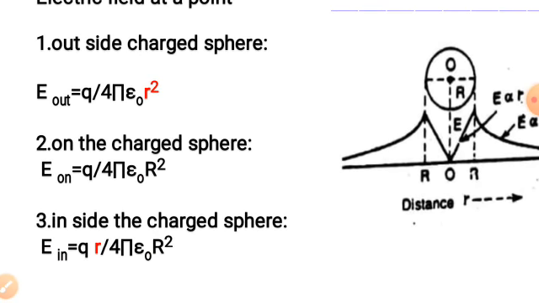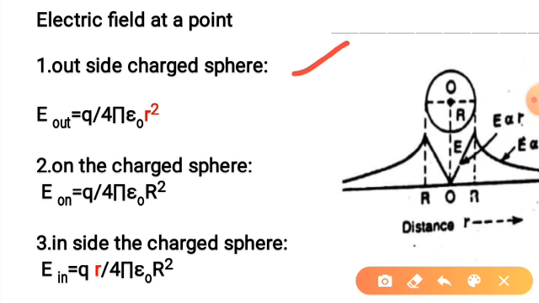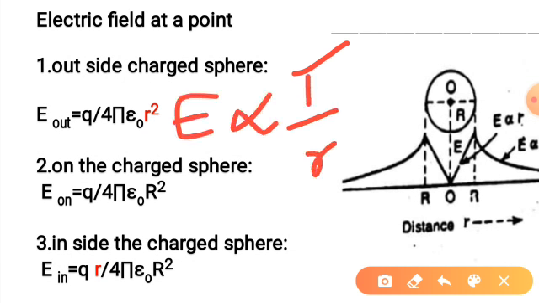We understand well that the electric field at a point outside the charged sphere is E equal to q by 4π epsilon naught r squared. Here E is inversely proportional to r squared, so as r increases, E decreases.